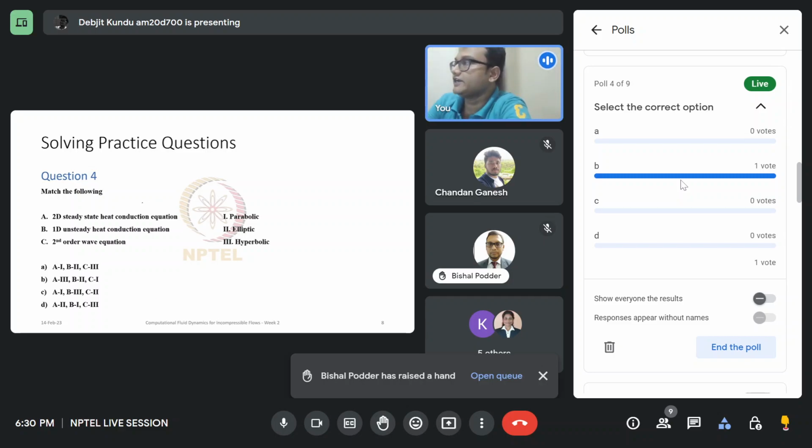So let's see if we can remember each of these equations. Option A, the 2D steady state heat conduction equation. Can anyone help me with this? What is the equation? How do we write that? Please help me out, guys. I've forgotten it.